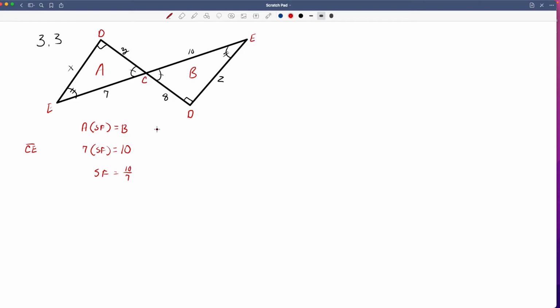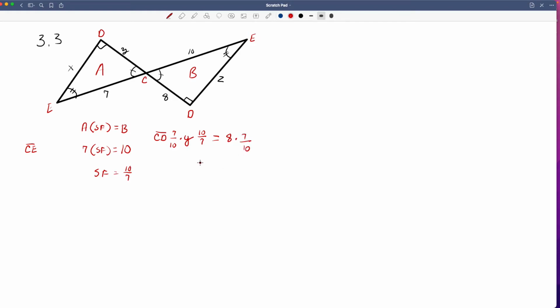So again, I'm going to use A times the scale factor equals B. So A is Y, and this is for CD, Y times the scale factor of 10 over 7 is equal to 8, because here's 8 on the other one, on B. So we multiply times the reciprocal on both sides.